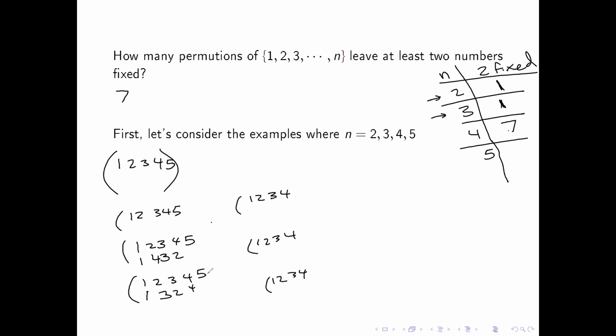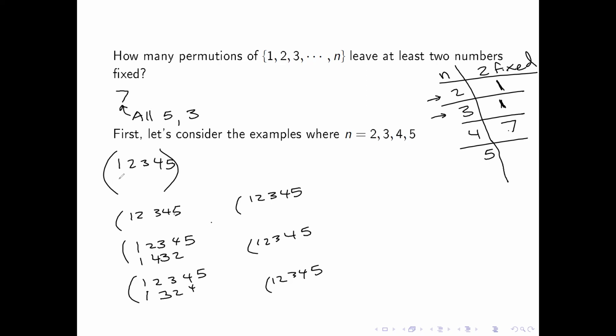All the numbers go to themselves. We counted that. This was all 5, which, by the way, if 5 of them go to the same spot, it's the same thing. And then we have 3 because we had 2 of them fixed and then the 5.